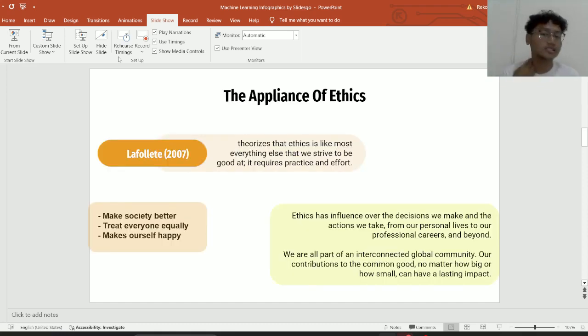The next one is the plans of ethics. How are we going to apply it, or what are the examples of it? Based on Lavalette 2007, ethics is like most everything else that we strive to be good at: it requires practice and effort.